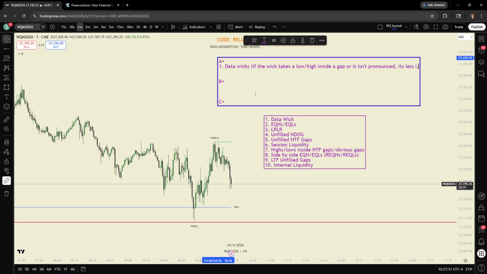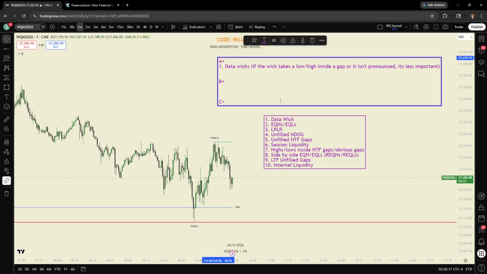It can still be important, but you really want a pronounced, good quality data wick. This class is about the subjectivity behind all of the draws on liquidity and how to determine in live time if this is something that needs more confluences or a better model behind it, versus something that you can just take, right?